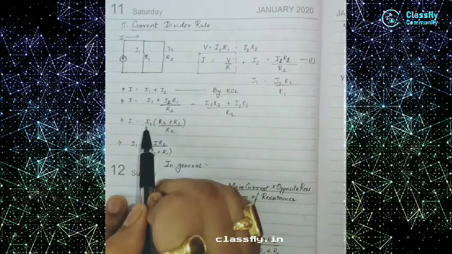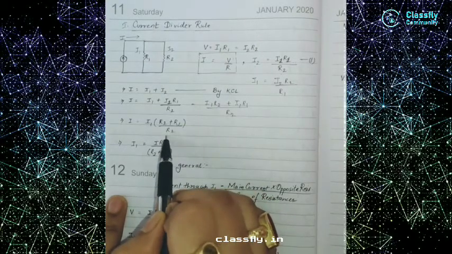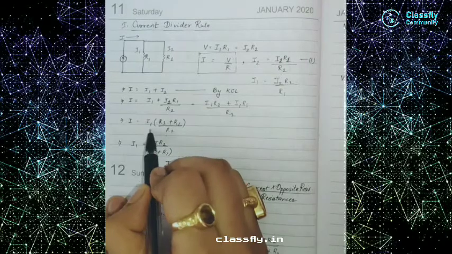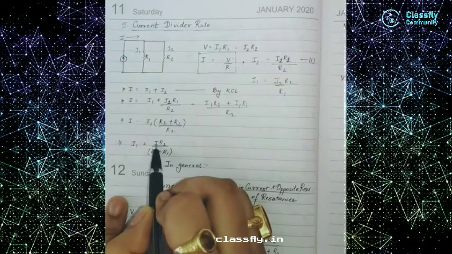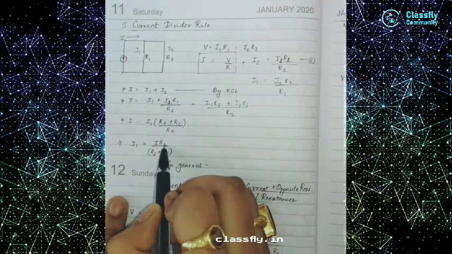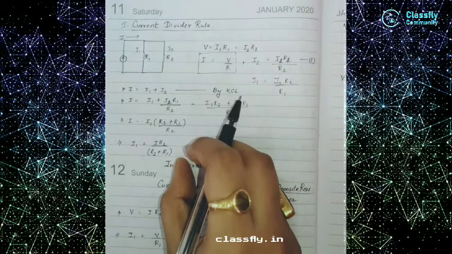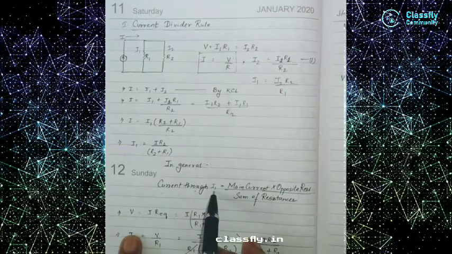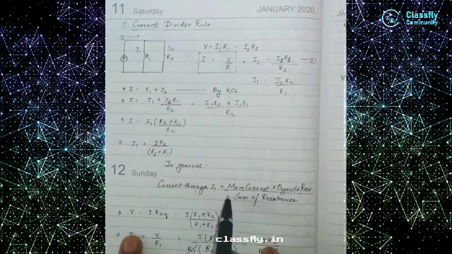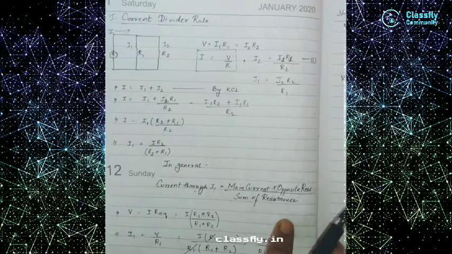So we are left with R2 plus R1 by R2, and we need to find I1. So I1 is the total current times the opposite resistance, that is R2, divided by the summation of the resistances. So in general, you can see that the current through I1 is equal to the main current, that is the current flowing into the circuit, into its opposite resistance.